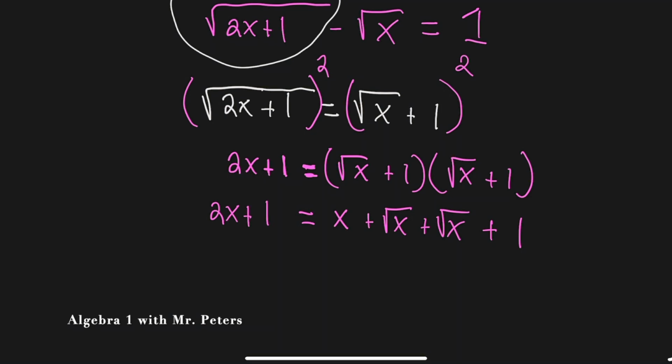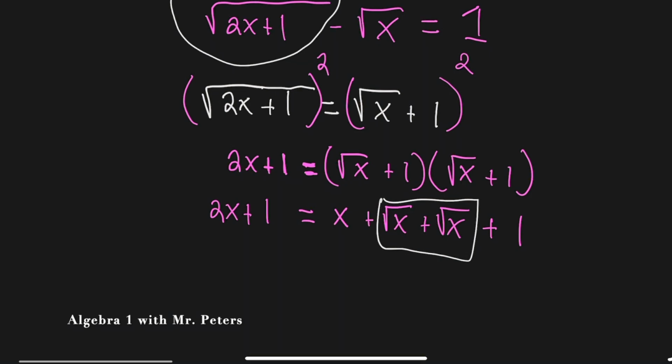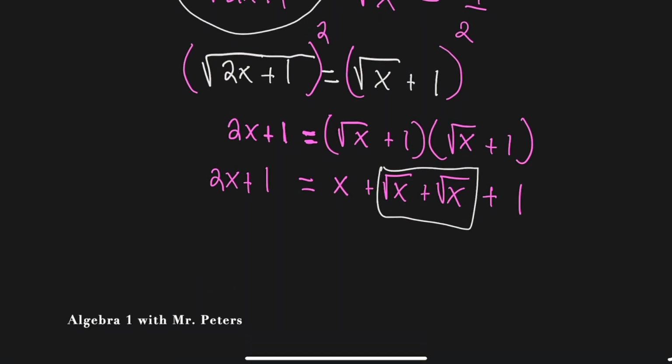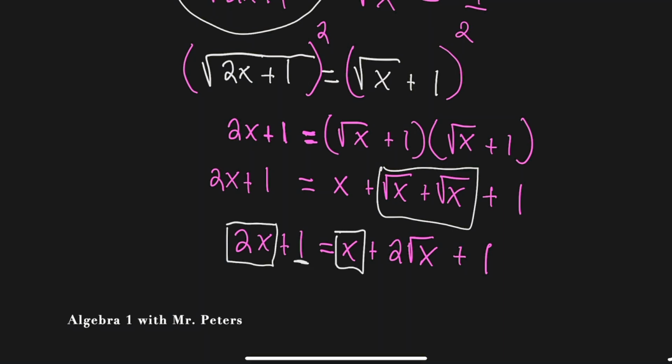Left-hand side stays the same. So now I combine my like terms in the middle, and what we should have is 2x plus 1 is equal to x plus 2 radical x plus 1. So now we're thinking about, hey, we have to combine like terms. So that means 2x and x, and then we're going to combine positive 1 and positive 1.